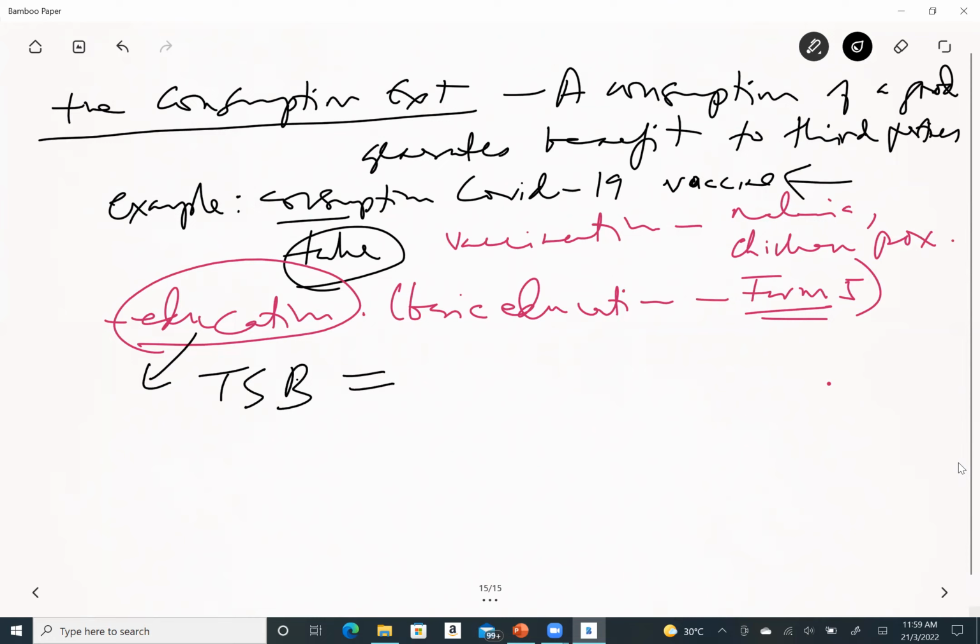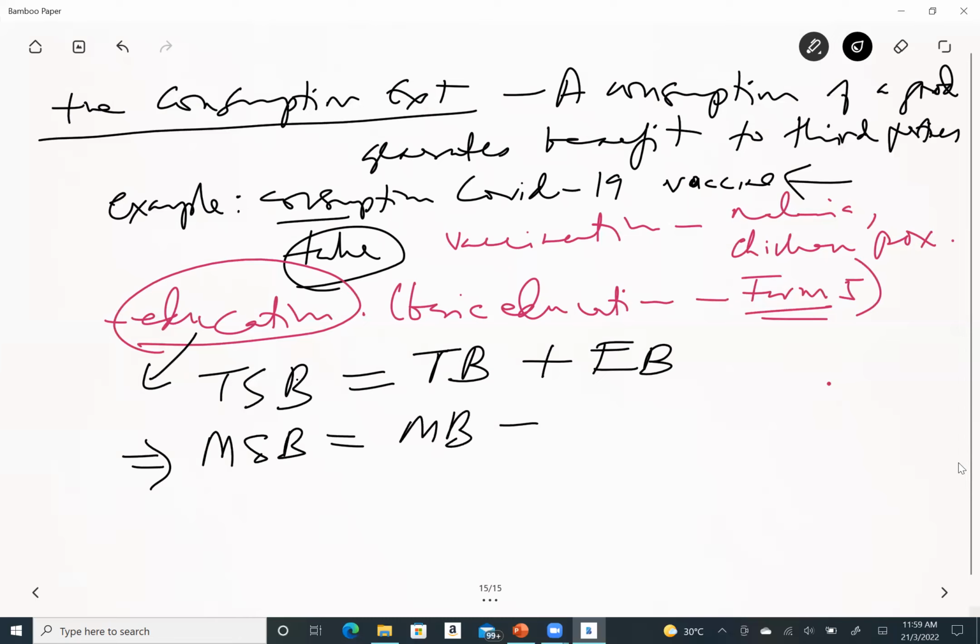Total private benefit plus the external benefit. That means our marginal social benefit will be equal to the marginal benefit plus the marginal external benefit. There is no change on the cost side, right?